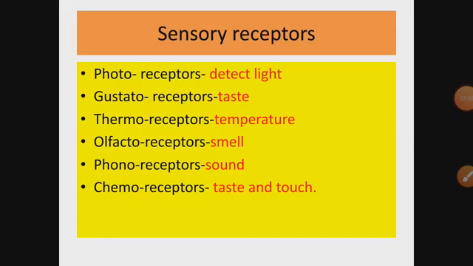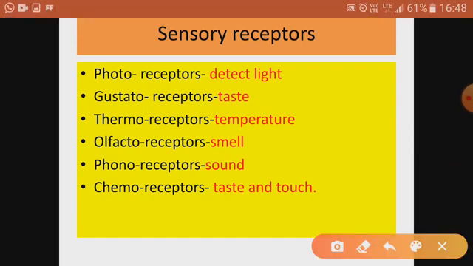Now as I told you, there are some receptors present on the dendrites. So what are the names of the receptors? Because there are different stimuli present in our environment, obviously there will be different receptors to receive them. So receptors are present over the dendrites to receive the stimulus.